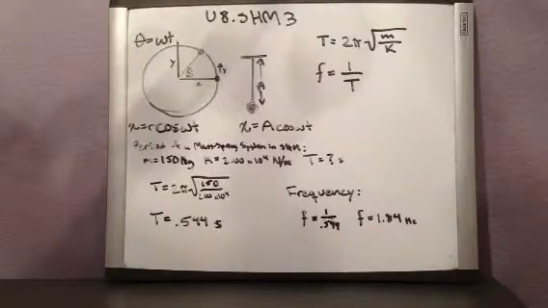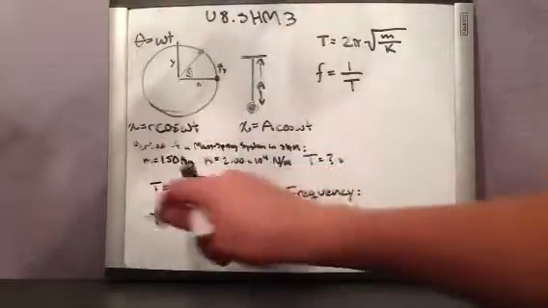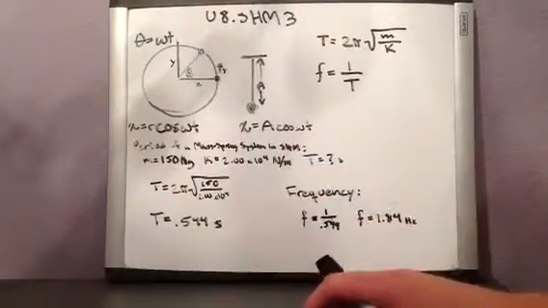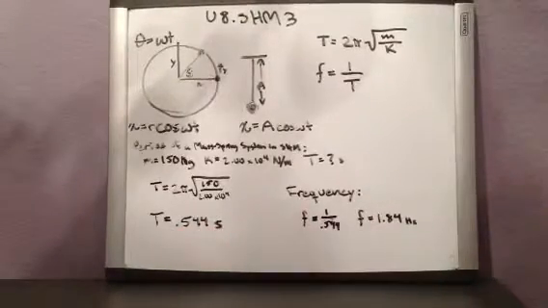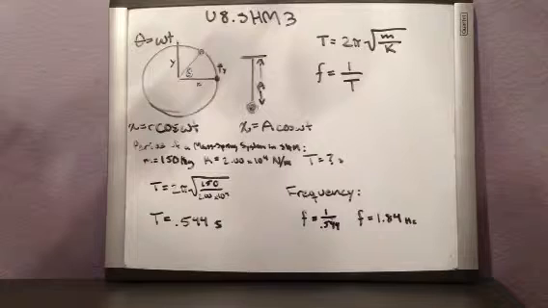And that is the frequency of this object in simple harmonic motion, given the conditions that it's 150 kilograms and the spring constant is 2 times 10 to the 4th newtons per meter.